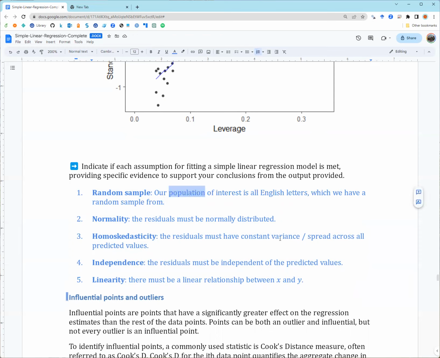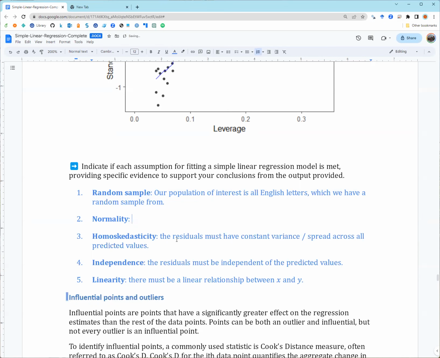We have every letter, and we have the Scrabble tile point value for all of them in the English language. So this is what we'd call a census rather than a sample, because we have data on the whole population. It's a little bit of a unique situation, but for all the problems in this class, for all the data that you look at, you can just say we assume we have a random sample from the population we're interested in. You can just always say it's met, but I was noting that in real life, it's something you'd want to be careful of.